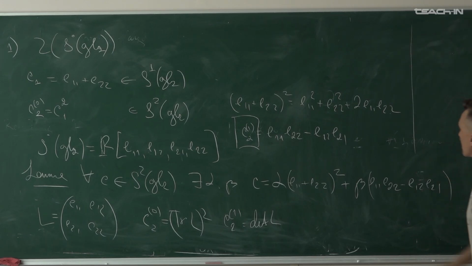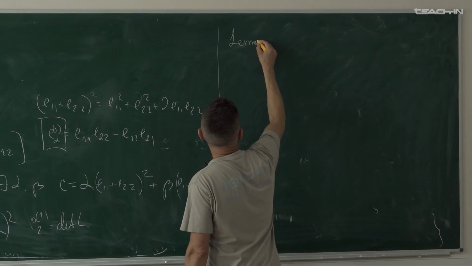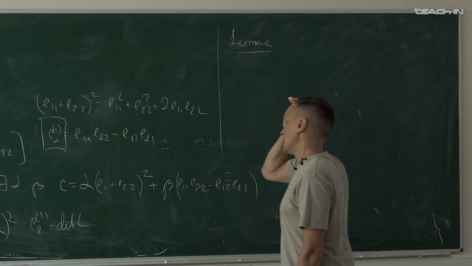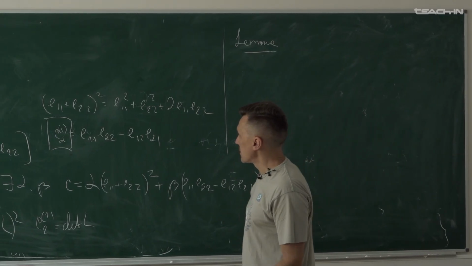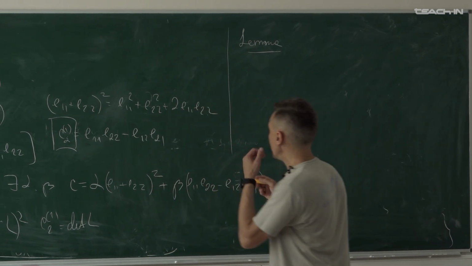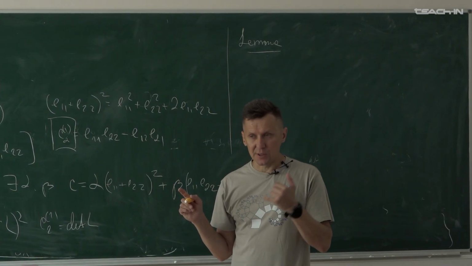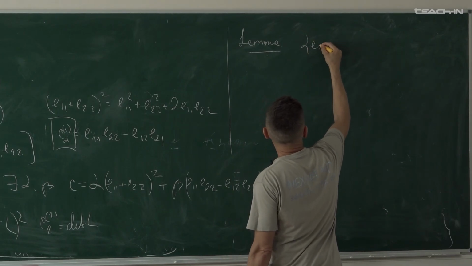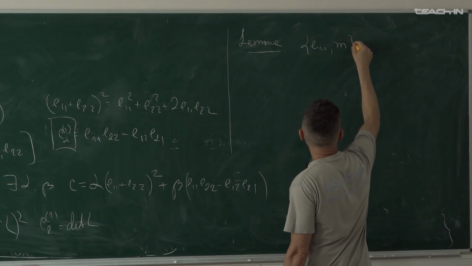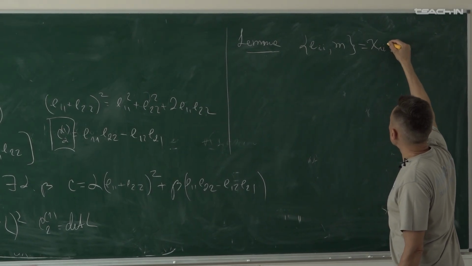There is a very important property of our Poisson algebra. Let me formulate it also as a lemma. When we consider the Poisson bracket of monomials in our Poisson algebra with the diagonal generators of the diagonal matrix, E_ii with a monomial, it is also some constant multiplied by a monomial.